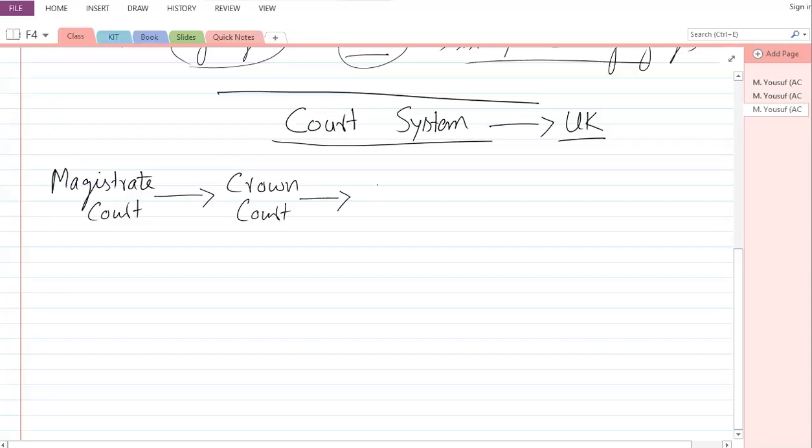After crown court, there is a county court. Then there is a high court. After that, there is court of appeal.